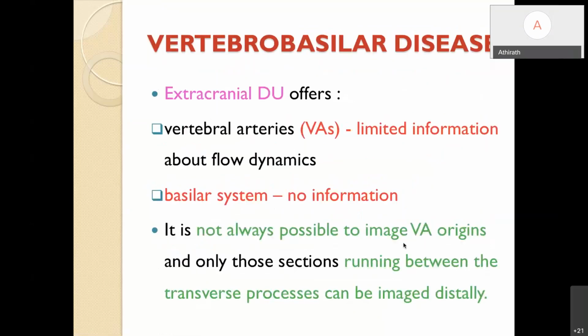Coming to the next indication, that is vertebrobasilar disease. Duplex ultrasound in the vertebral artery gives very limited information about the flow dynamics, and in the basilar system, it actually gives no information. It is not always possible to image the vertebral artery origins, and only that part of the vertebral artery which runs between the transverse processes can be imaged distally.